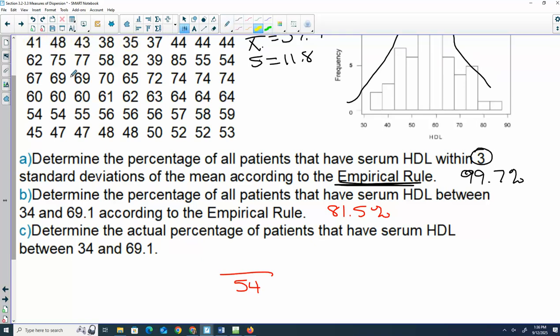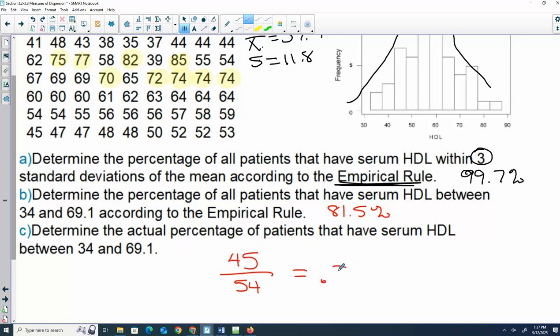We'll see if we... So I got 45 points in that range.